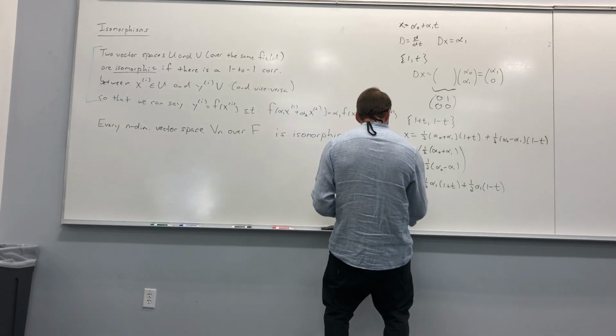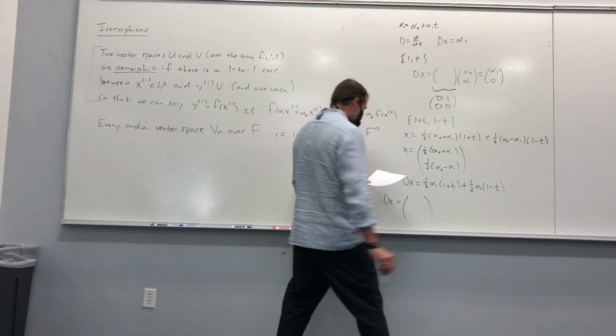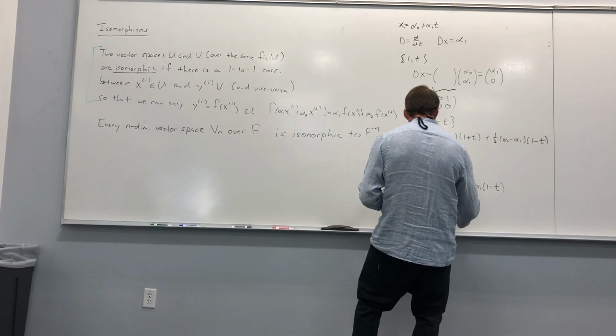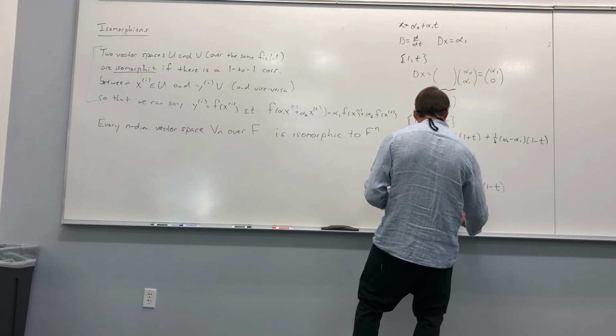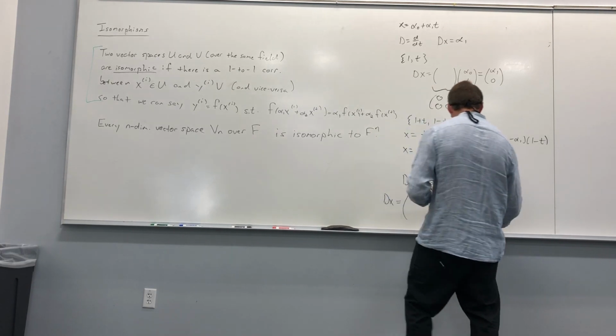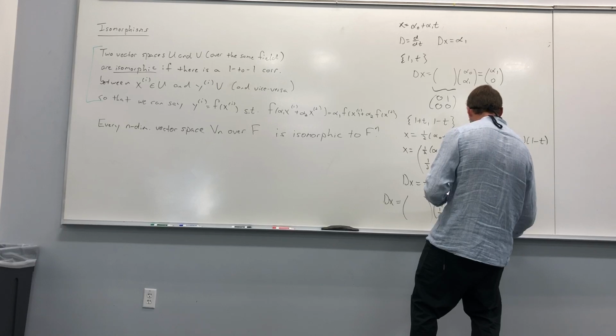So now what we're going to demand is that in a matrix form, the matrix form of D acts on the column vector form of X to give me 1/2 alpha 1, 1/2 alpha 1.